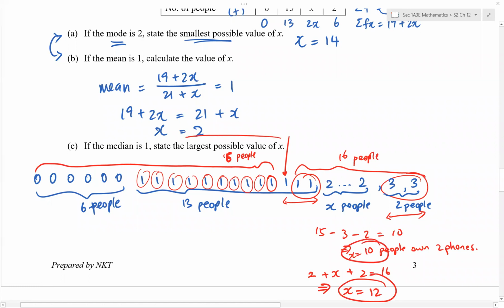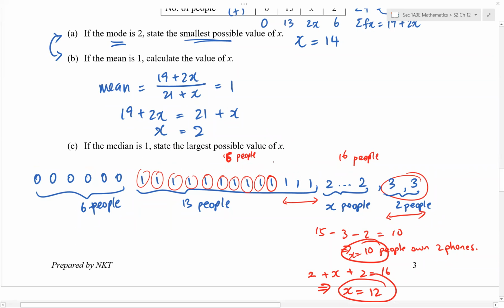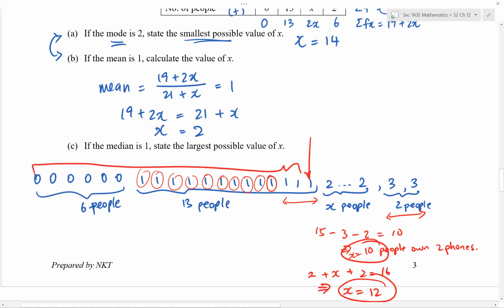And the question says, find the largest possible value of x. As we move to the right, x gets bigger. So if I want the largest possible value of x, I should be choosing this value as my median. So now let's count. We've got 6 plus 12, 18 people on the left.